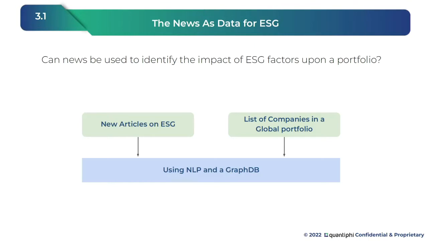What we tried to do with the information available was leverage the power of technology, specifically natural language processing and graph databases, to answer the question: can this data be leveraged to understand companies a little more in terms of their ESG efforts and things they were doing in that domain?